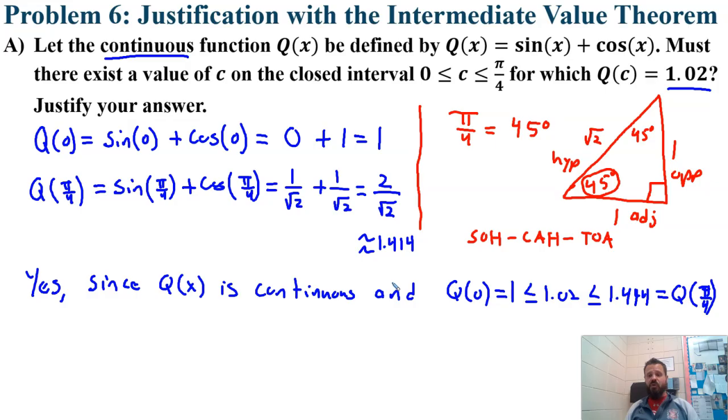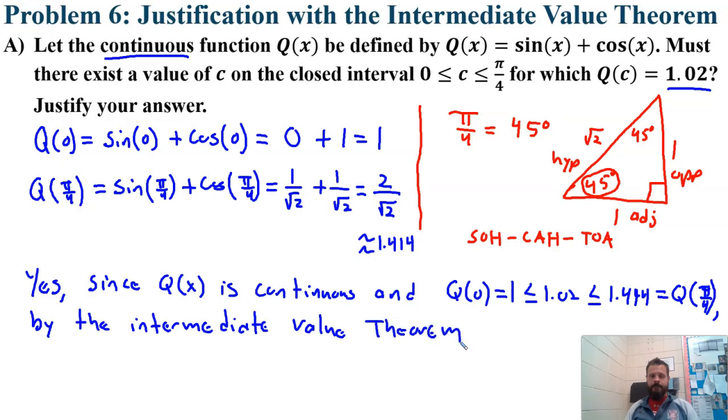So since we have the criteria for the intermediate value theorem, we can apply it. Since it's continuous and that value fits within the interval, we can say, comma, by the Intermediate Value Theorem. It's a name, I suppose I should capitalize it.